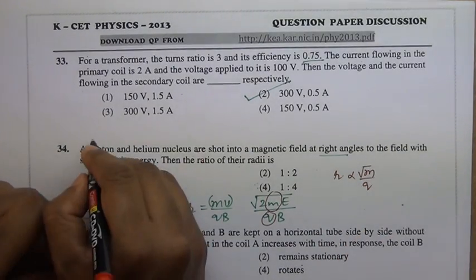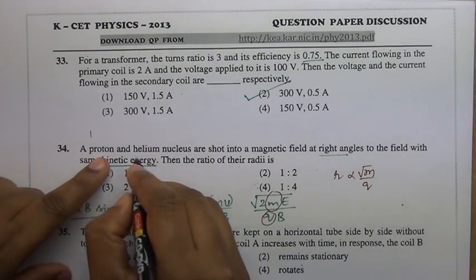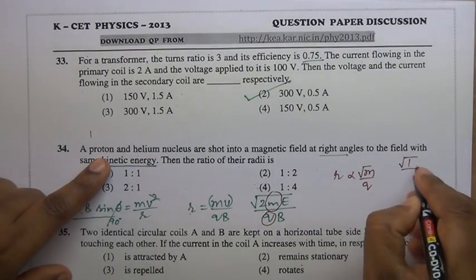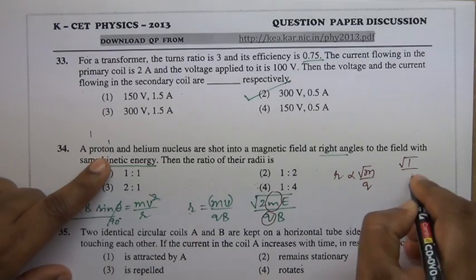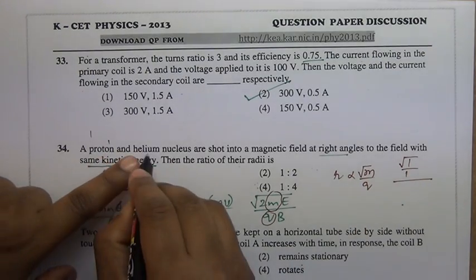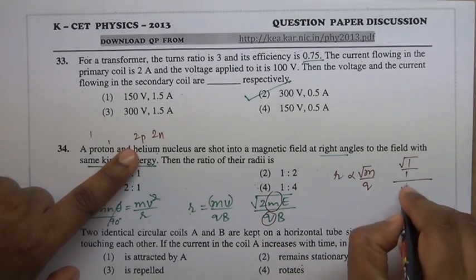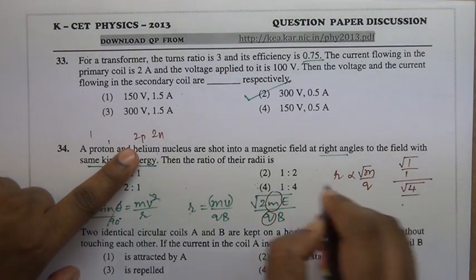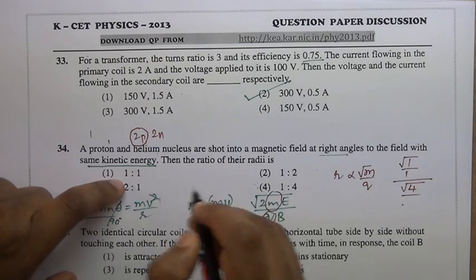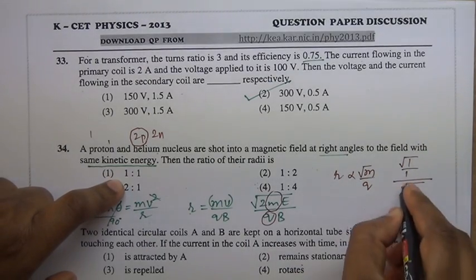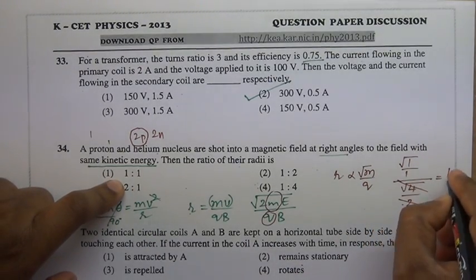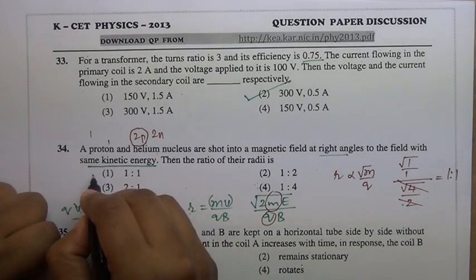For proton, unit mass 1 under root, charge of proton is 1 unit, divided by helium, 2 protons, 2 neutrons, therefore mass is 4 units, and there are 2 positively charged particles, therefore 2 units. This cancels with this, answer is 1:1.